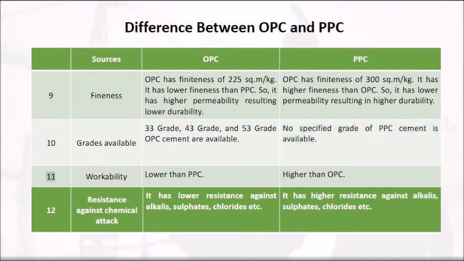Eleven, workability. OPC's workability is lower than PPC's; PPC's is higher than OPC's. Twelve, resistance against chemical attack. OPC has lower resistance against alkalis, sulfates, chlorides, etc. PPC has higher resistance against alkalis, sulfates, chlorides, etc.